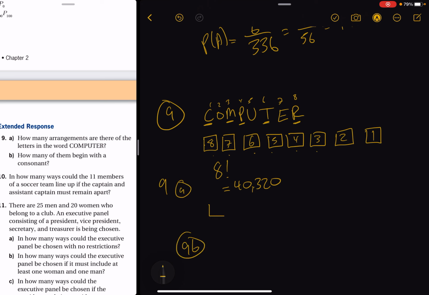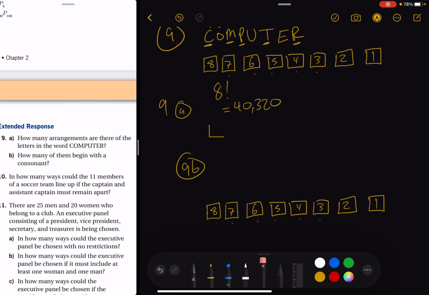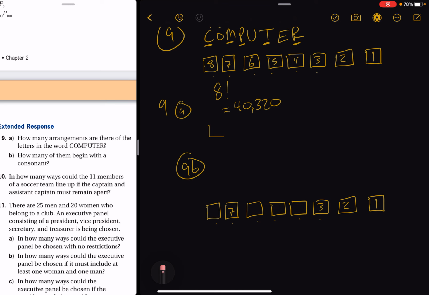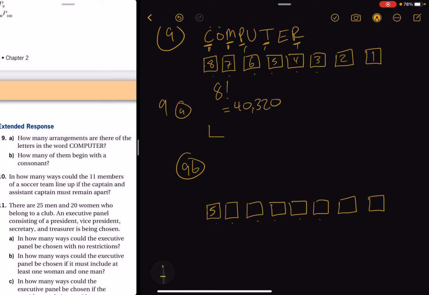9B is a little different. Let's do 9B in the following way. I just want to make some erase marks. Okay. It's almost the same, except for the first one I only have consonants. 5 choices.